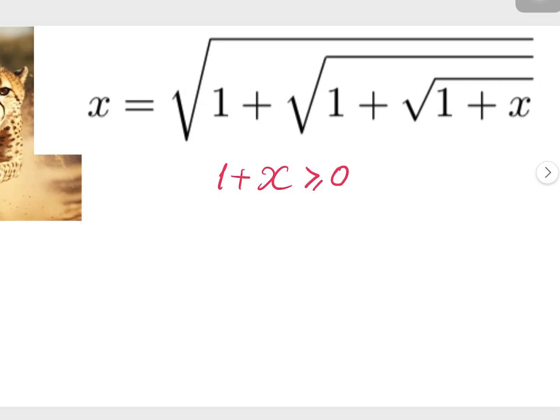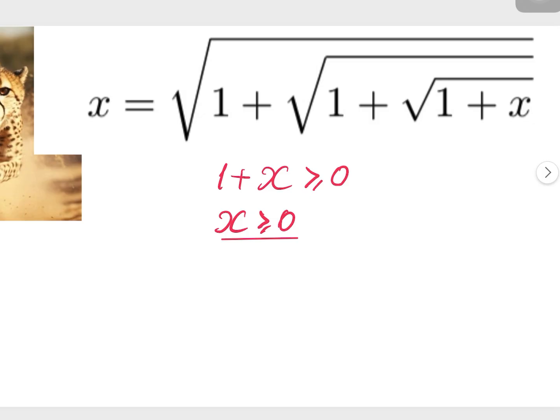Okay, this condition works for all of them. And the second condition: the square root itself should be positive, so x should be greater or equal to 0. So the second condition is what we need to consider, because 1 plus x would be automatically satisfied by the second condition.